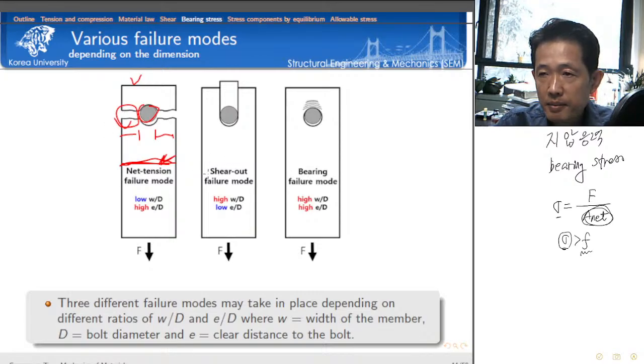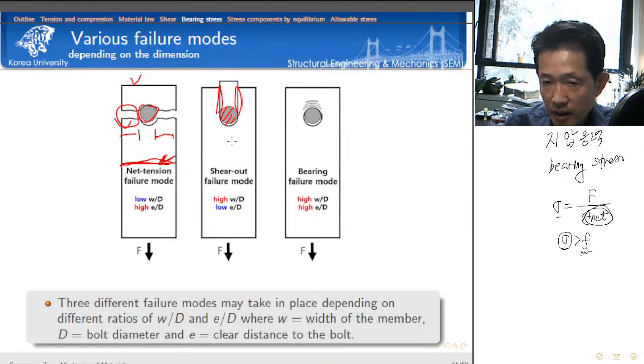The second failure mechanism would be caused by shear stress. Since we have a support, there must be shear stress developing along this section. How do you calculate it?